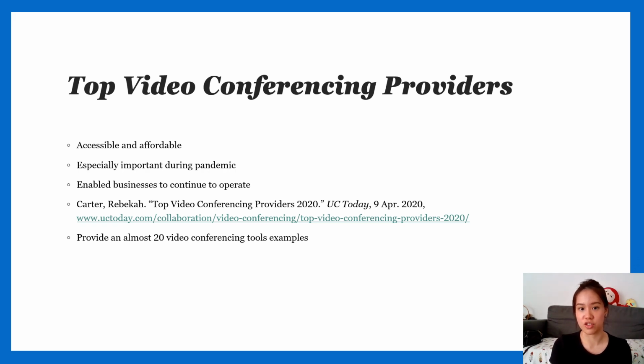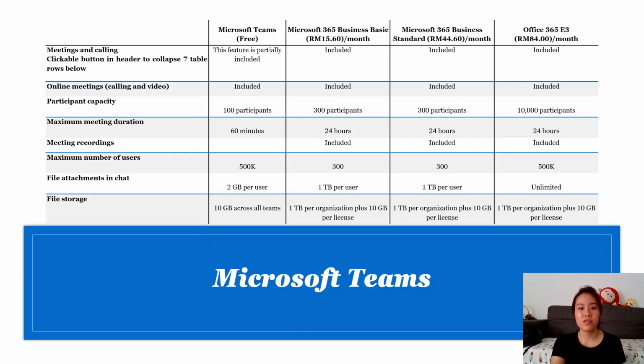video conferencing lecture. In this slide, the Microsoft Teams free version has quite limited features, where only partial features are included, and the participant capacity is 100 participants, and the maximum meeting duration is 60 minutes compared to other paid versions, which are 24 hours. The meeting recordings are not included in the free version of Microsoft Teams, but definitely are for the paid version.